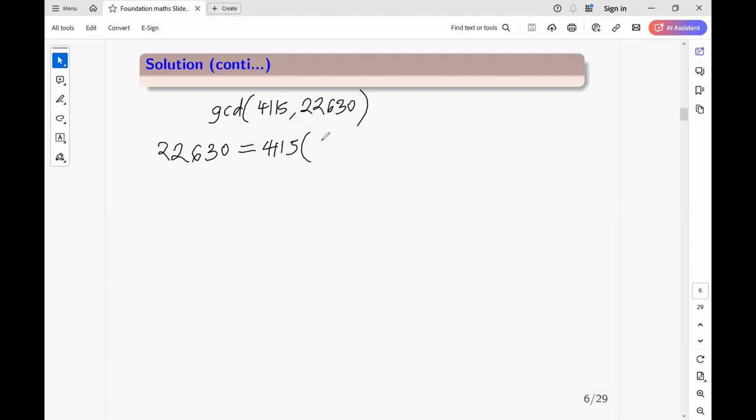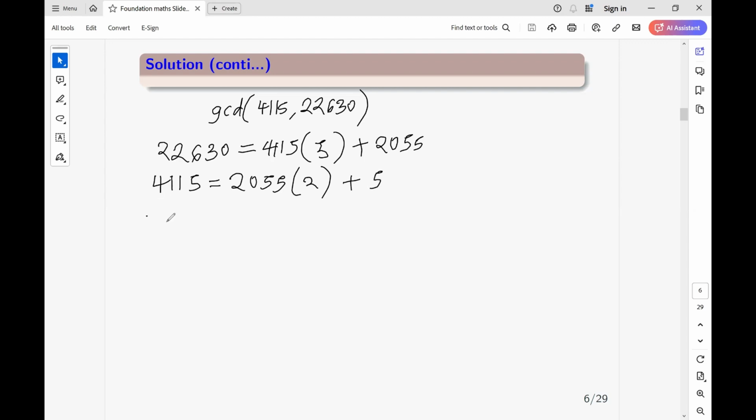4,115 will go 5 times, and the remainder is going to be 2,055. Then we take 4,115, put it outside, and take the remainder of the first equation. It will go 2 times, and then the remainder is going to be 5.